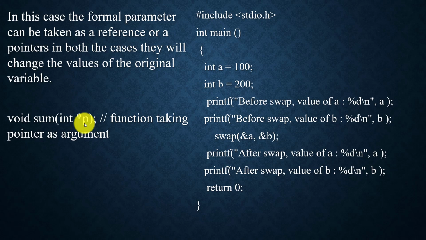Here the address is sent as a parameter and we manipulate the value at that address. But still, though we pass the address, indirectly we pass the value only, as we are manipulating or fetching the value. Therefore C programming is only call by value. So this is all about call by value and call by reference.